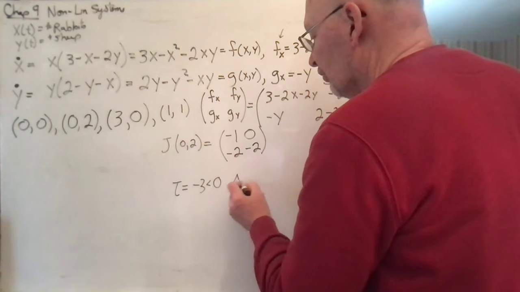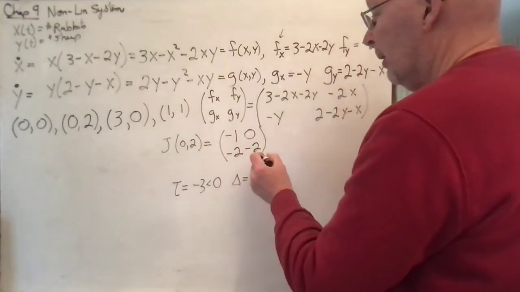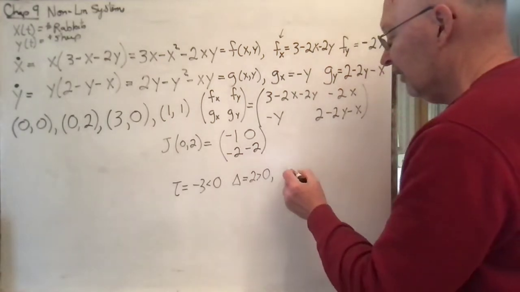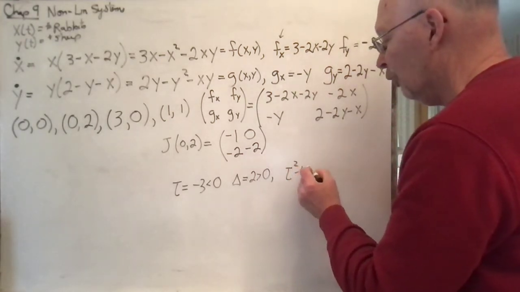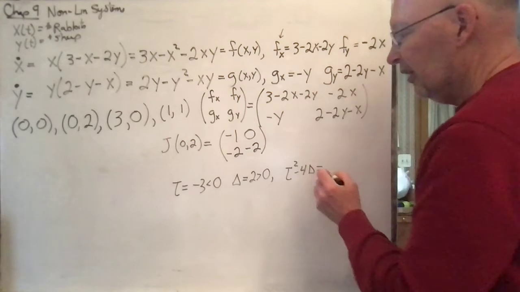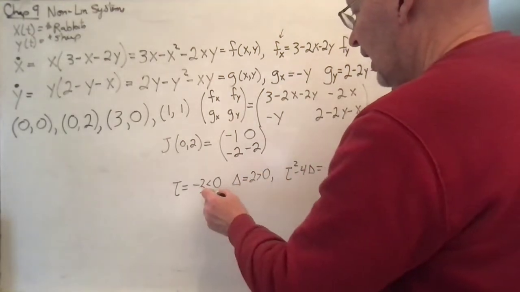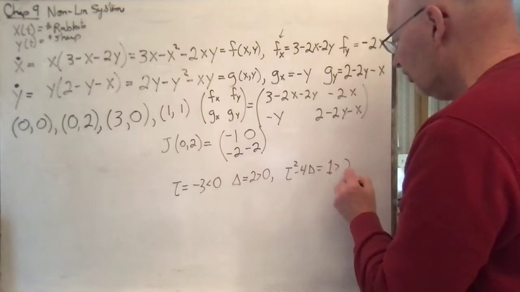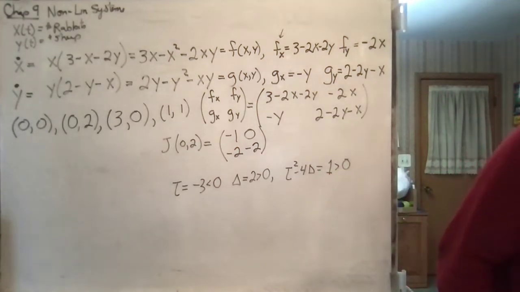And delta is equal to 2, which is greater than 0. What's the last thing we need? I think it's tau squared minus 4 delta, which is 9 minus 8, equal to 1, which is positive. Let me make sure I've got all the same numbers.